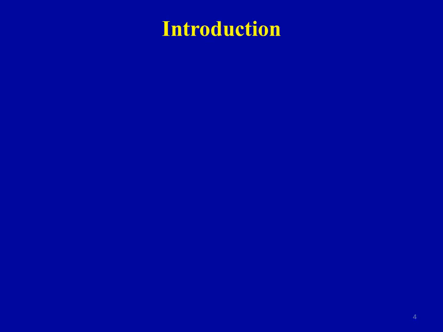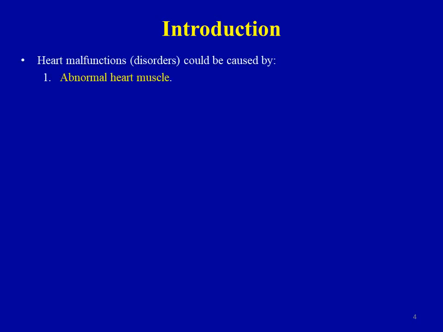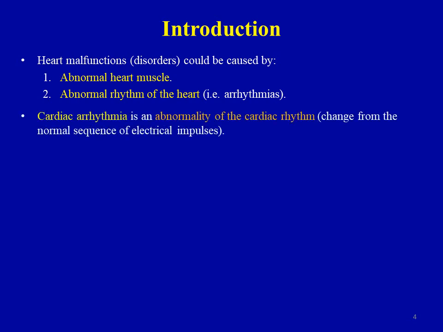Heart malfunctions or cardiac disorders can be caused by either abnormality of the heart muscle or abnormality of the heart rhythm, what we call arrhythmias. Arrhythmia, or cardiac arrhythmia, is defined as an abnormality of the cardiac rhythm, which is a change from the normal sequence of electrical impulses or a deviation from the sinus rhythm.